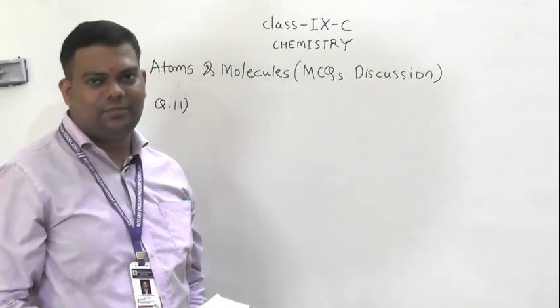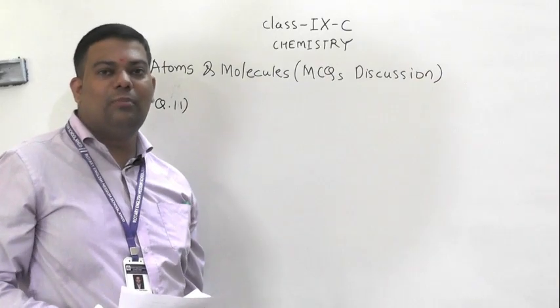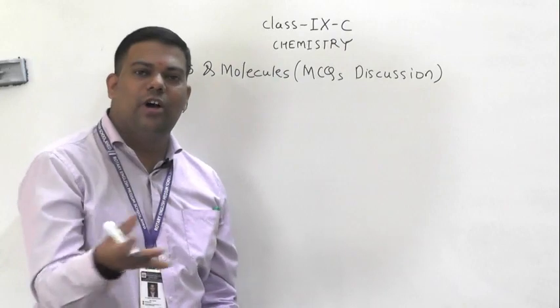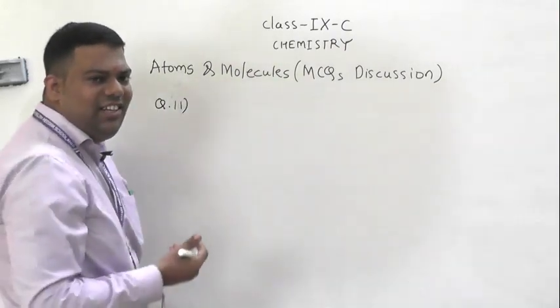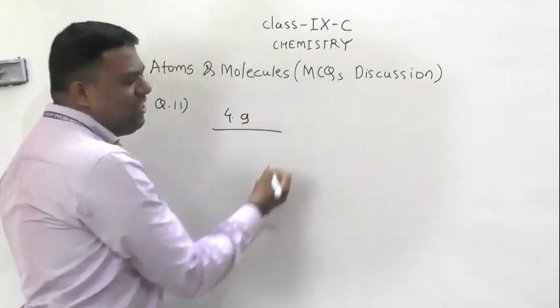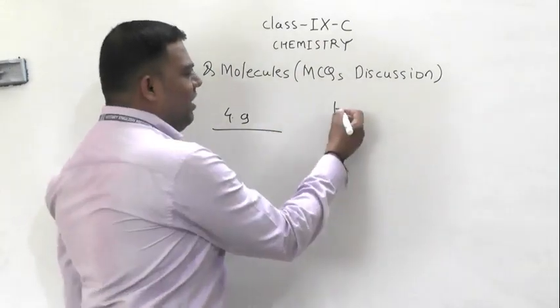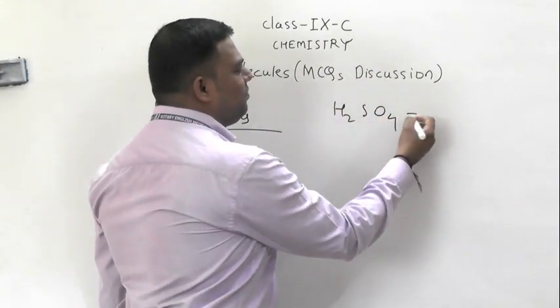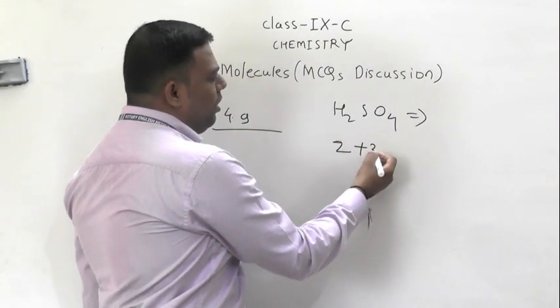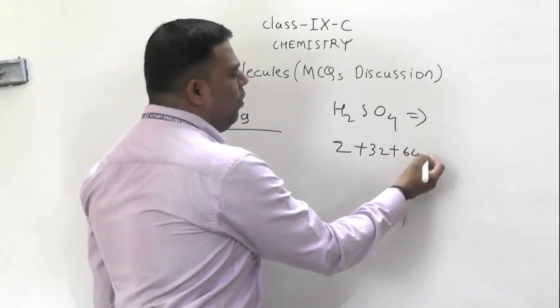The weight of the substance is 4.9, divided by the molar mass of H2SO4: 2, sulfur 32, oxygen 16 into 4, 64.